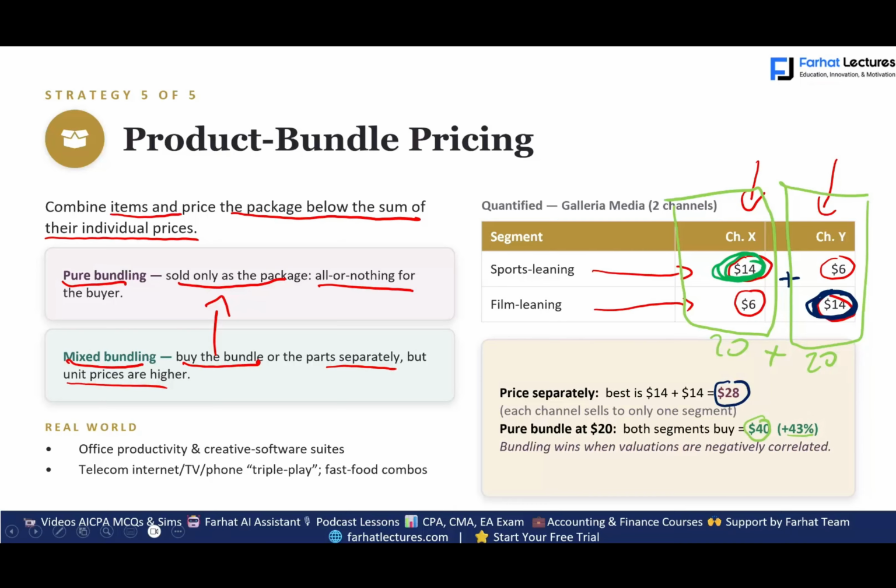Bundling works best when valuations are negatively correlated. Now, what does that mean? It means that customers value different products differently. Think about it from a fast food combo perspective. Maybe some customers go to buy a burger, and the burger is worth $8 to you, the fries are worth $2 and the drink is worth $1.